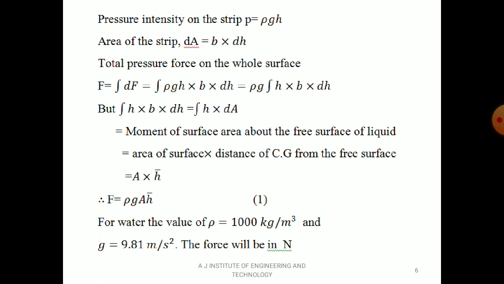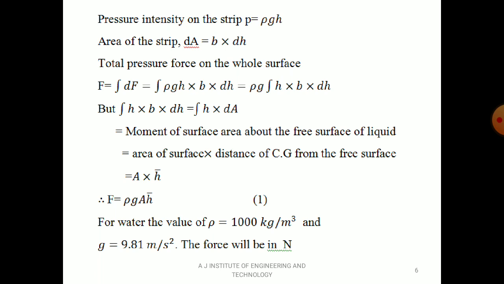So rho g is a constant, we can take it out from the integration sign. So rho g into integration h into B into dh. But what is B into dh? B into dh is the area of the small strip. So integration h into B into dh is equal to integration h into dA.